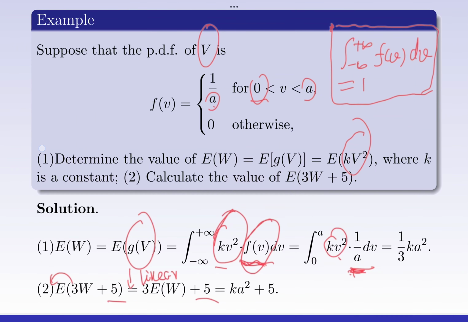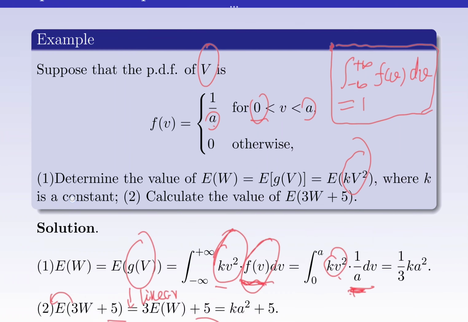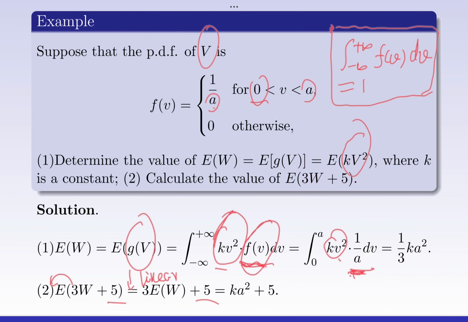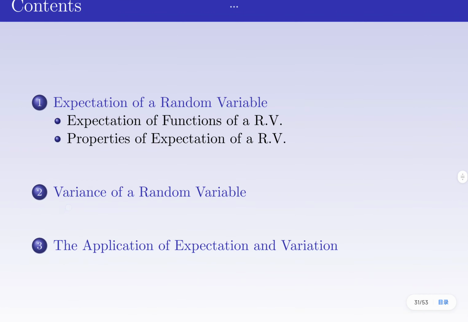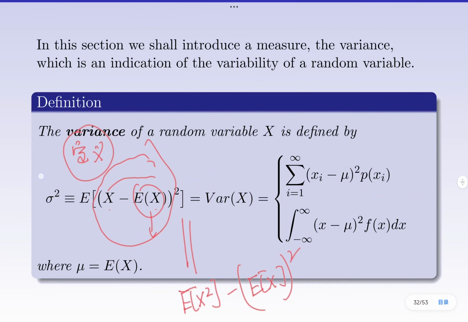The first thing is that we try to do this very easy, and the second thing is everything, E of X plus Y is very easy, and the variance, what does it mean?